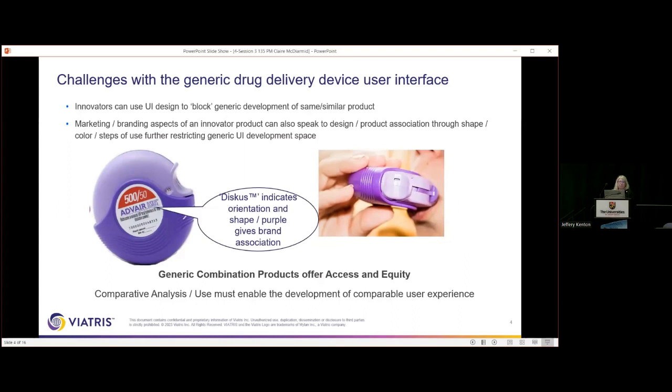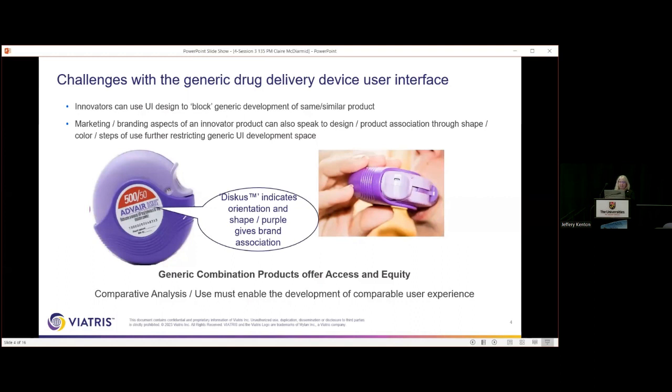That can be through patent restrictions, and we've heard of that, and we'll suffer that forever, I'm sure, but also through marketing and branding aspects of an innovator product. These can speak to design, product association through shape, color, steps of use, and they can further restrict the generic user interface development space.